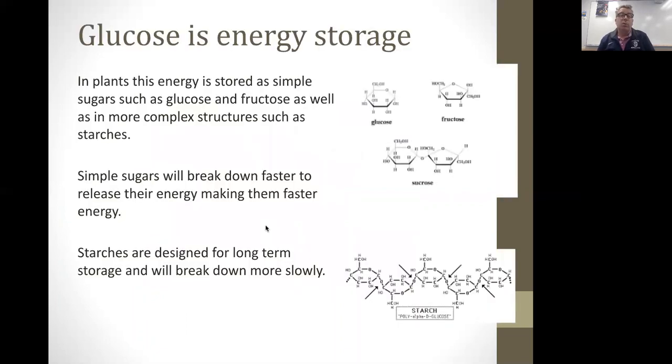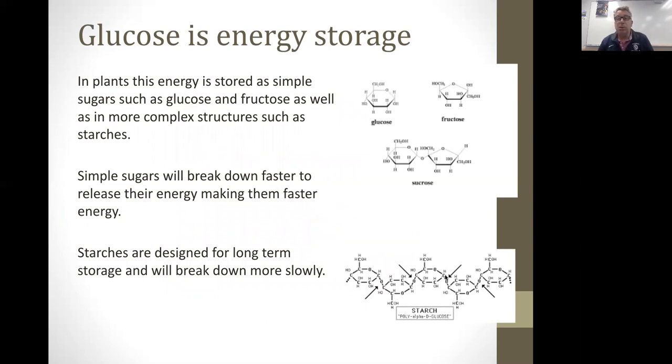All right, so glucose. So glucose is how plants store energy. It's a high energy molecule. If you remember, it has a lot of chemical bonds, so it does break down. When those bonds are broken, that's when energy is released.